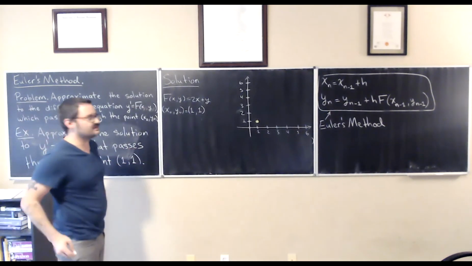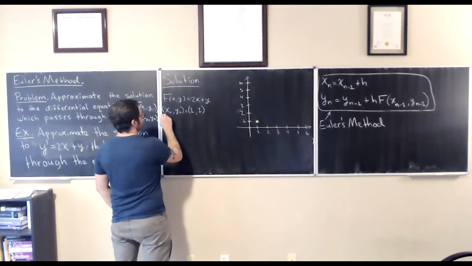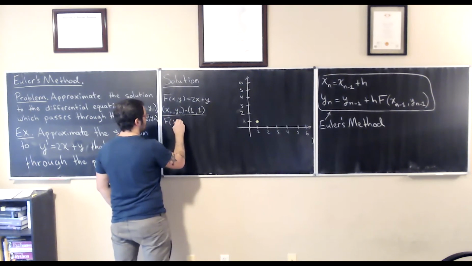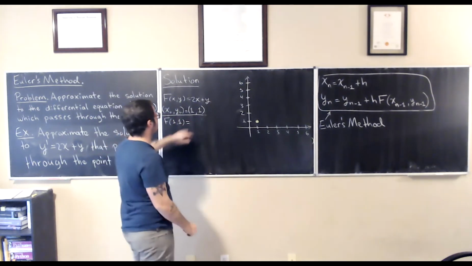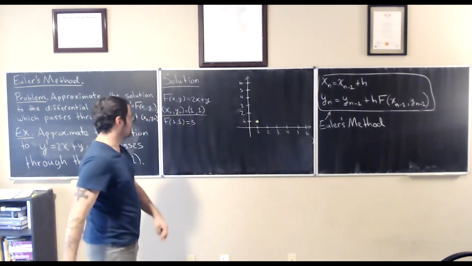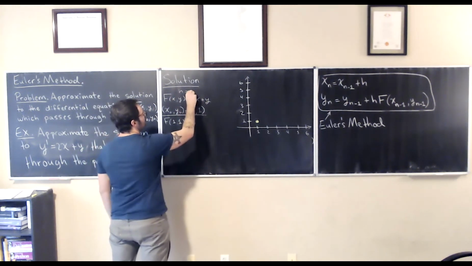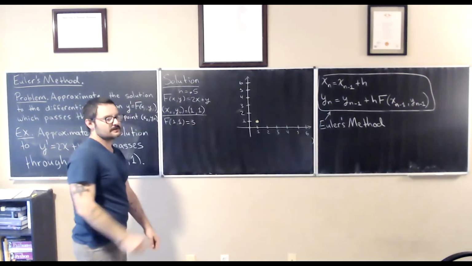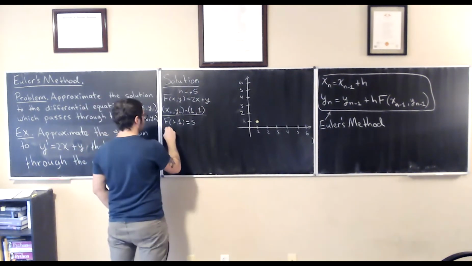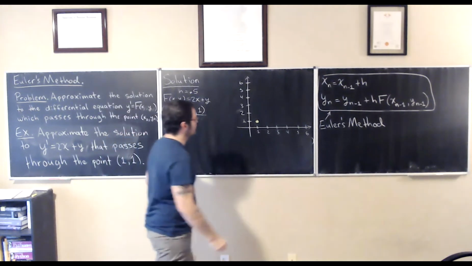For the solution that we're seeking, right now we have no idea what the solution looks like. So, f of 1, 1. What is that? 3. So the slope is 3. Let's pick h to be equal to 0.5. Then x1 is going to be equal to 1.5, so 1 plus 0.5.